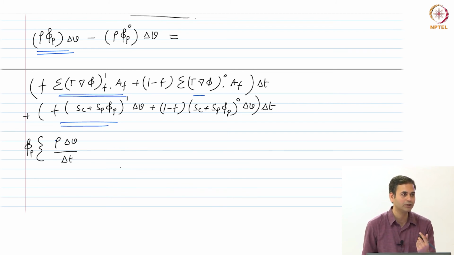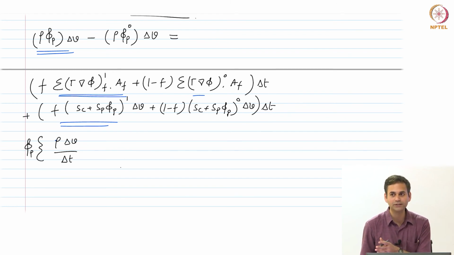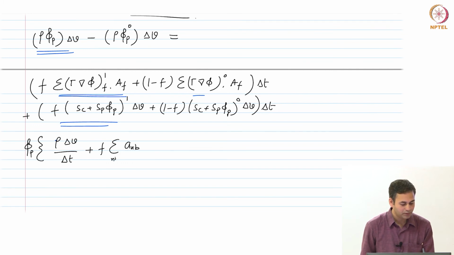So, similarly you have all other terms, right. They all come with a minus, right, when they go to the left hand side they will all become plus. So, this will be plus f times sigma A and B on all the faces times phi p. Anything else that will come from the first term on the right hand side? Nothing, that is all, right. What about the third term?